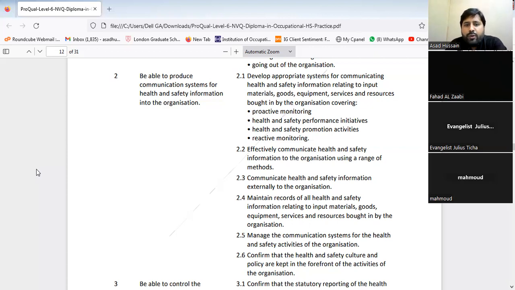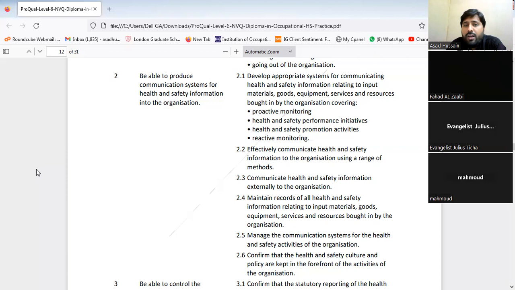Okay. 2.2 is almost the same as when we had a communication mean in the first unit when it comes to health and safety culture. It is asking: effectively communicate health and safety information to the organization using a range of methods.